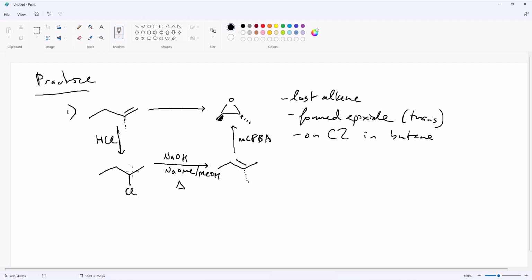Remember, Zaitsev's product will tell us it will form the internal trans alkene preferentially, and then MCPBA would epoxidize this. So our steps would be, we do HCl, then we do NaOMe and heat, and then finally we do MCPBA, and that would be the solution I would give for this problem.